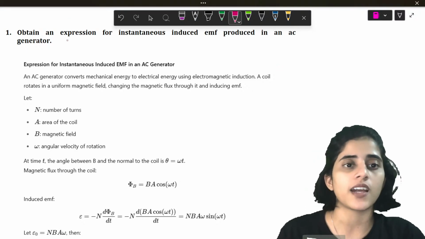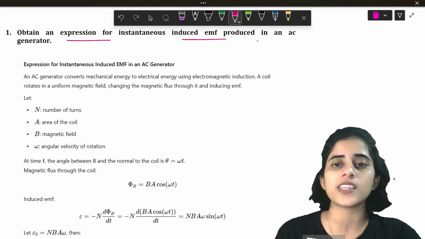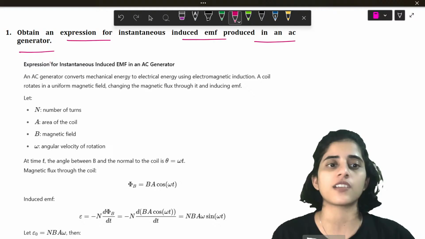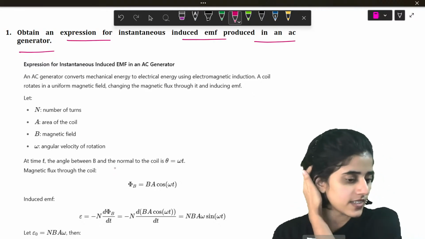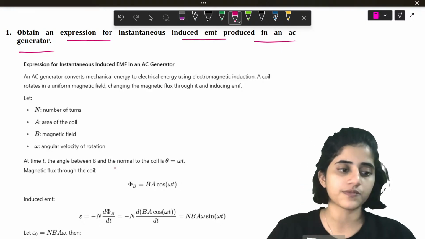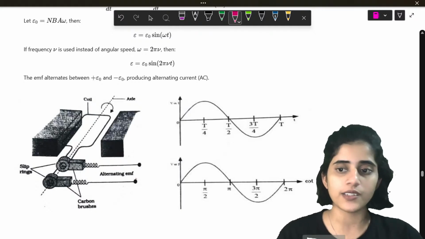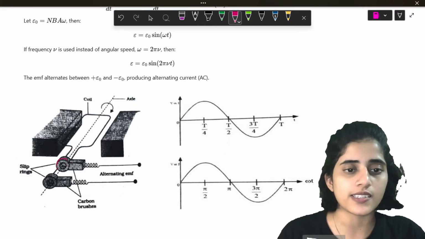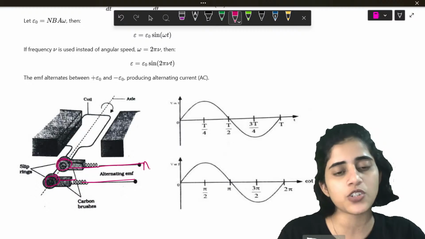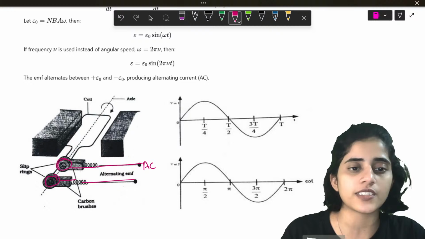Obtain an expression for instantaneous induced EMF produced in an AC generator. So this is an AC generator. There are slip rings, and obviously AC current has to be generated.